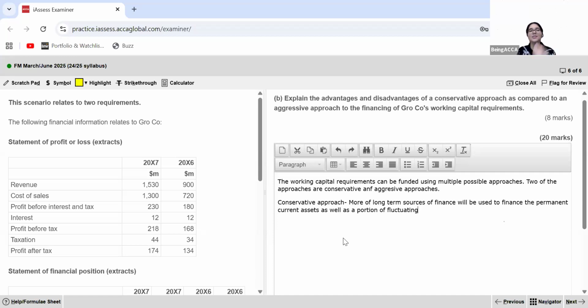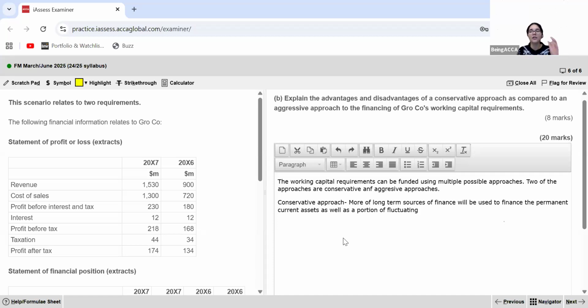Even though I know that I don't need the fluctuating assets for a long term period, still I will finance my fluctuating assets also with the long term sources because here I want to be as safe as possible. How do long term sources give me safety? They give me safety because the maturity is in the long term. I can keep using the finance as long as I want, and I only have to repay that money when the duration of the loan has ended.